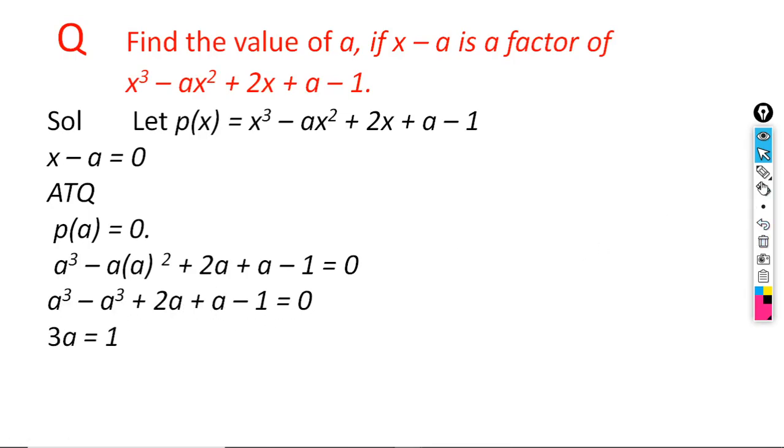Here this a cube and minus a cube cancel. We are left with 2a plus a, which is 3a, equals 1. 3a equals 1, and the value of a is 1 by 3.